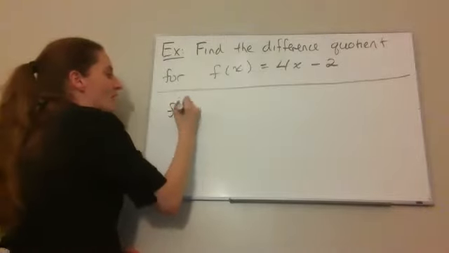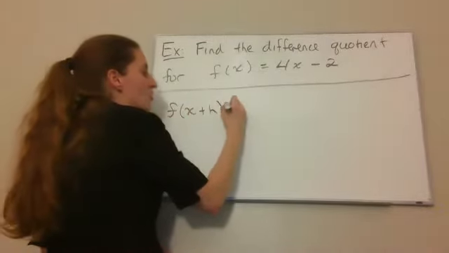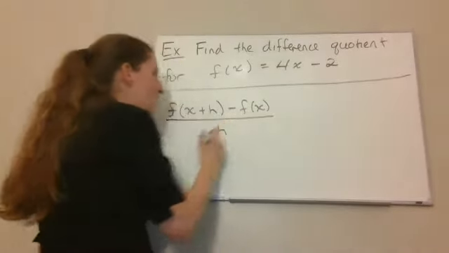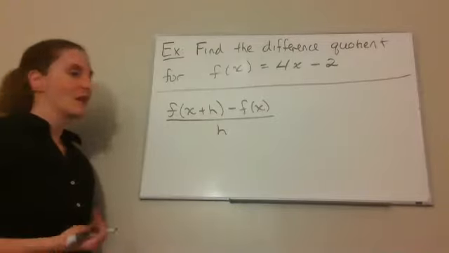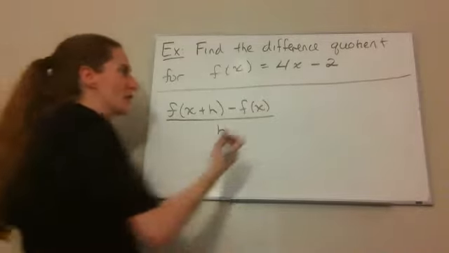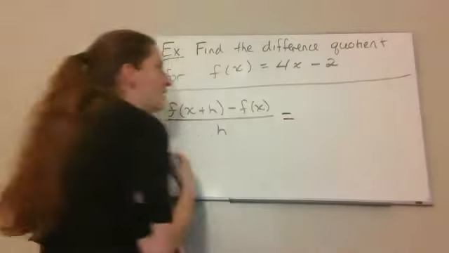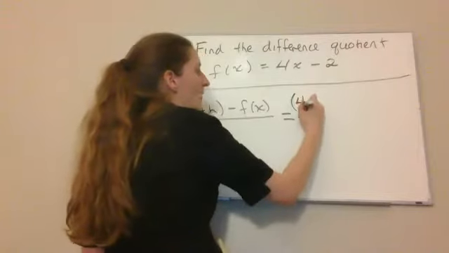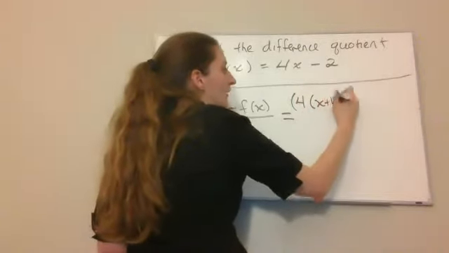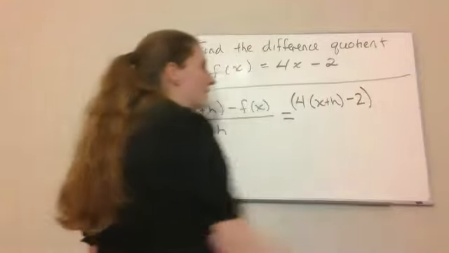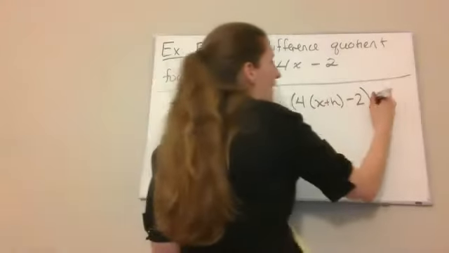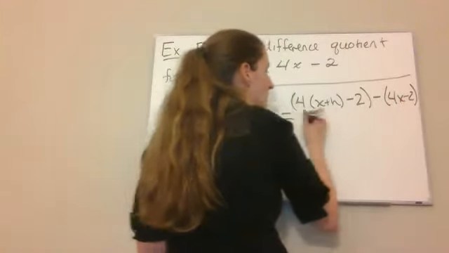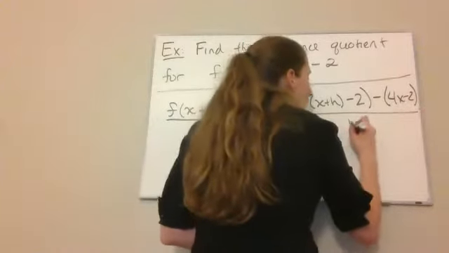So I know I'm trying to find f of x plus h minus f of x all over h. So we have to fill in all the pieces. F of x plus h, remember that is your function, but with all of the x's replaced by x plus h. So I'm going to have 4 times x plus h minus 2. Then I have to subtract my f of x. So I'm subtracting 4x minus 2. And this is all over h.